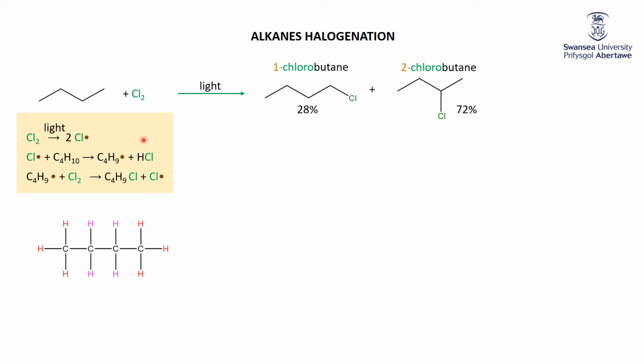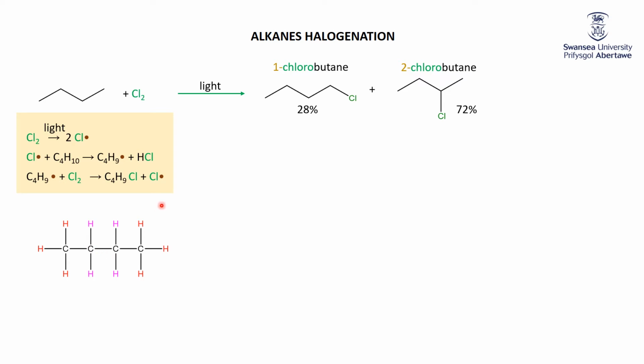And remember, it's the hydrogens that are important because it's a hydrogen that gets knocked off, that gets abstracted by the chlorine radical. Okay, we've got the ones that I've colored in red here that are on the end carbons, and this end carbon and this end carbon are indistinguishable. And then you've got the ones in that sort of pinky color that are on the internal carbons, and again this internal carbon and this internal carbon are indistinguishable from each other.